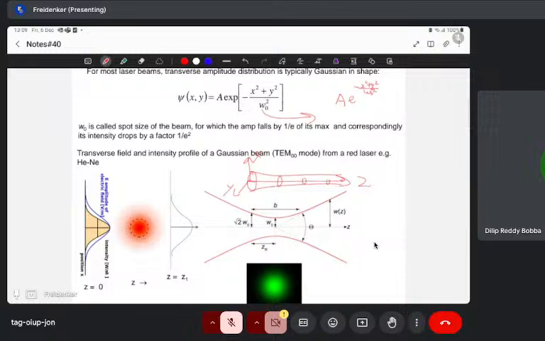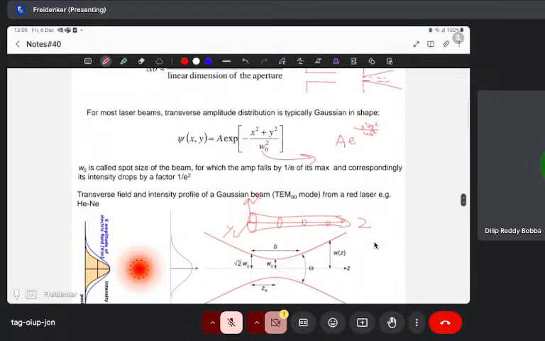Decreasing? No, it should increase, right? What is decreasing? Is the amplitude decreasing? Okay, so amplitude is decreasing, but spot size is increasing. Okay, fine.